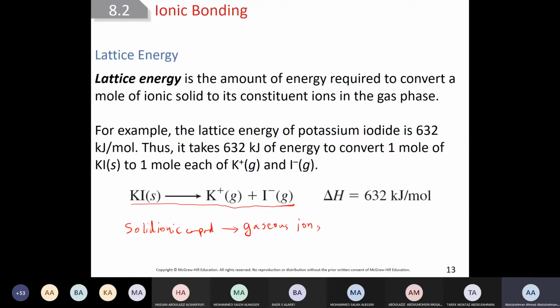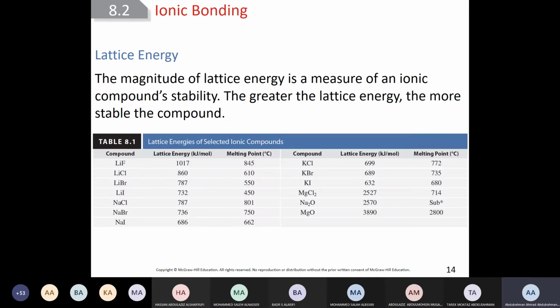Exactly. What do you call this? Delta H equal to 632. Lattice energy. Clear? Good. Lattice energy has been calculated for so many compounds.